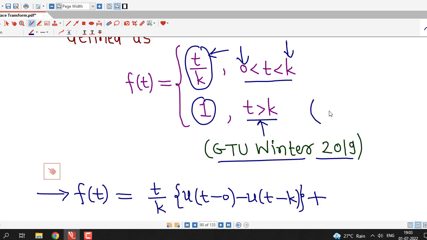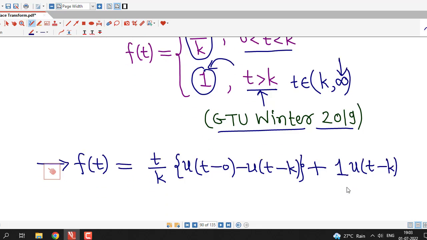Here the interval has endpoints k and infinity. t is greater than k, that means t lies in the interval k to infinity. But we are not considering the infinite endpoint, we consider only the unit step function at the finite endpoint, which is k here, and the value of the function in this interval is multiplied with this unit step function at k.